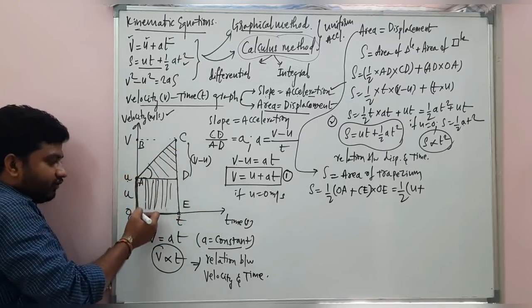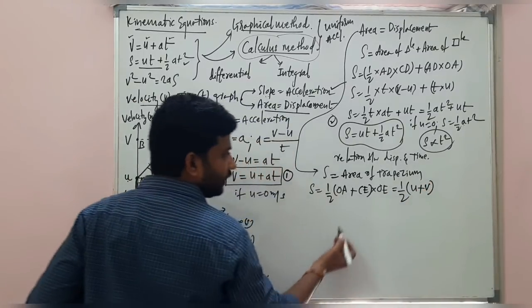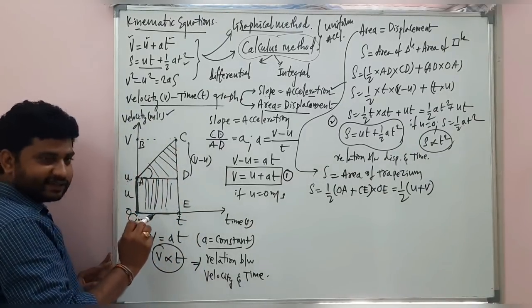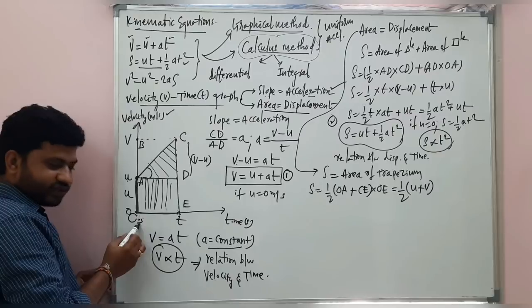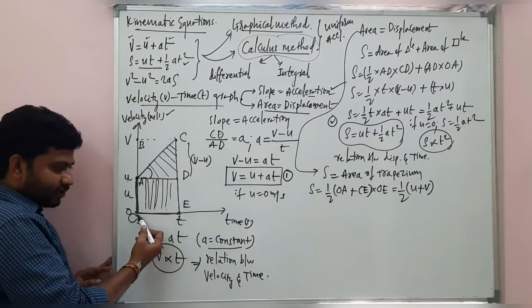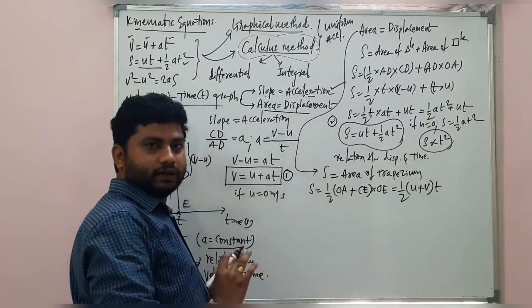So the interval is V minus 0. So this is V into OE. OE is along the x-axis. At O, the time is 0 seconds. At E, the time is t seconds. So the interval is t minus 0 seconds. It is t. Okay. Clear?